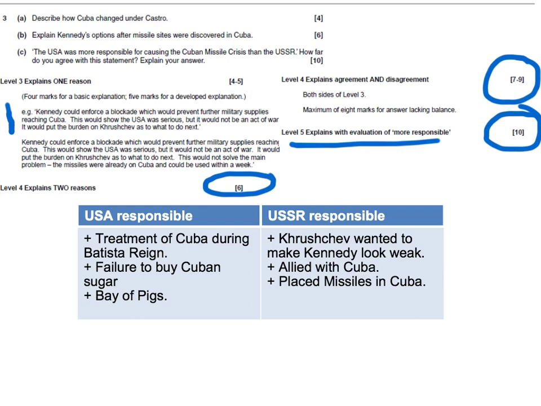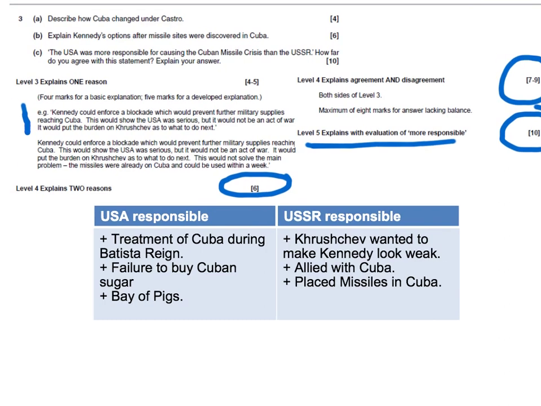Now then, where are we? So the USA was responsible because of its treatment of Cuba during the Batista reign. Batista was like a puppet for the Americans, and Americans treated Cuba rather badly during that time. That upset people, and it allowed Fidel Castro to get the support he wanted to come in and take over from Batista.